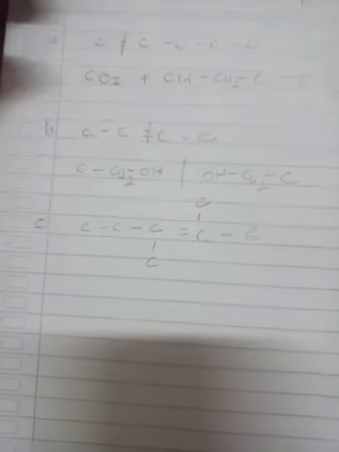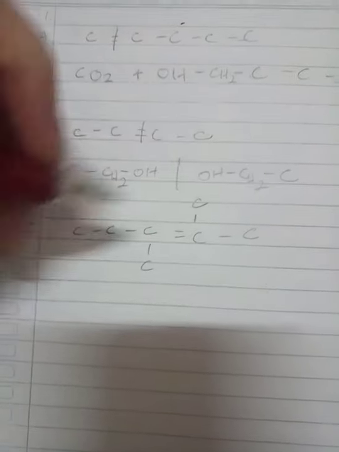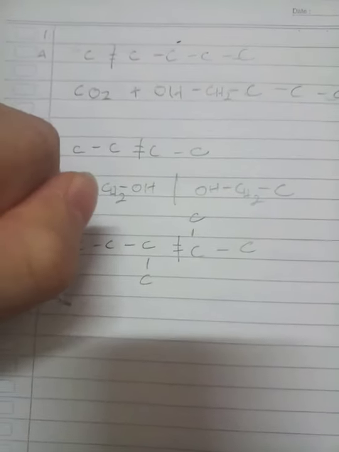So if we draw C, it's gonna look like this. Alright, so if we look at this, we're gonna have to just split the double bond again, and then write it like this.